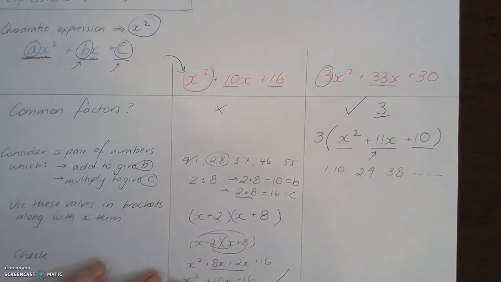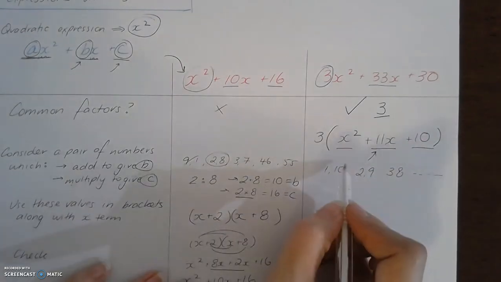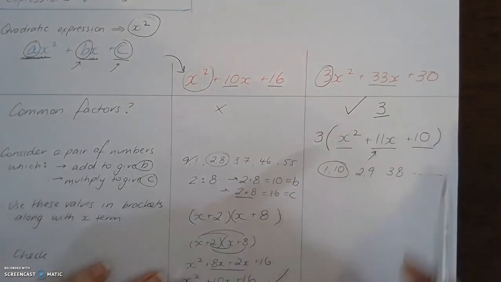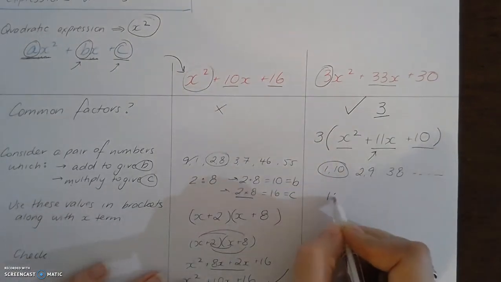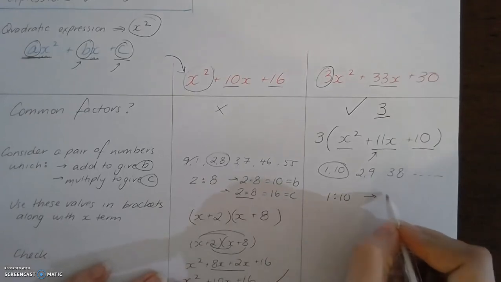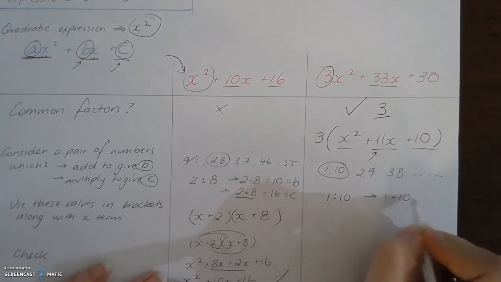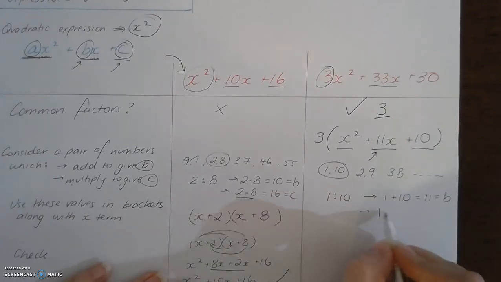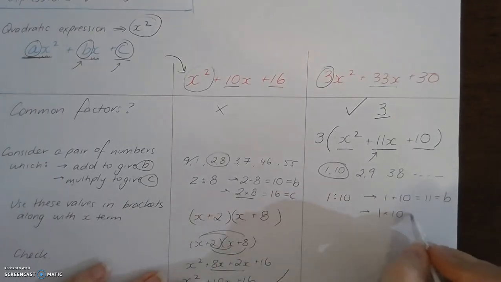But straight away we can already see actually this one is going to multiply together to give our c value. So our pair of 1 and 10 will add together to give 11, which is our b value, and they will multiply together to give our c value.